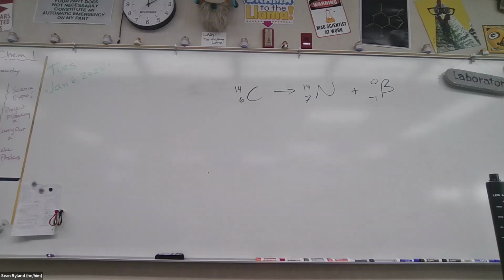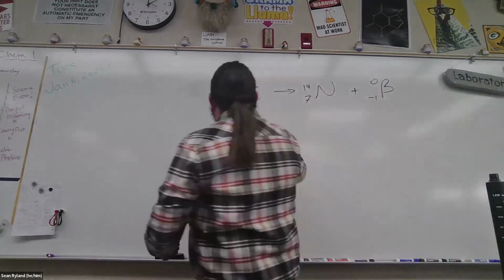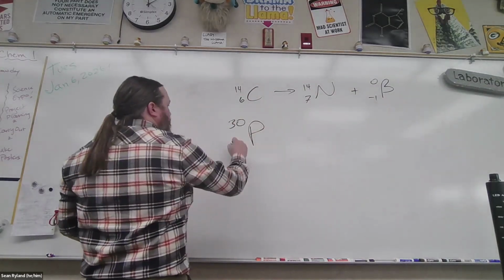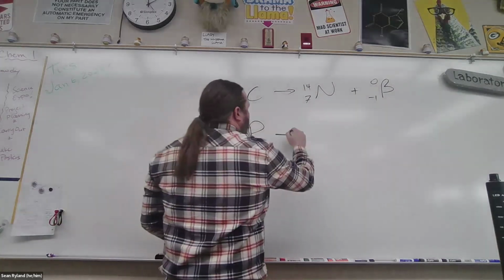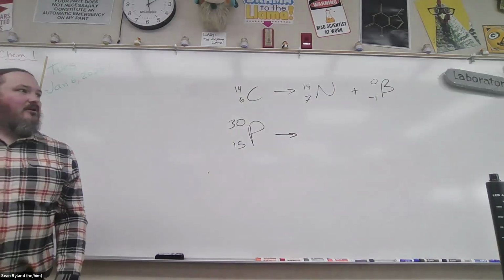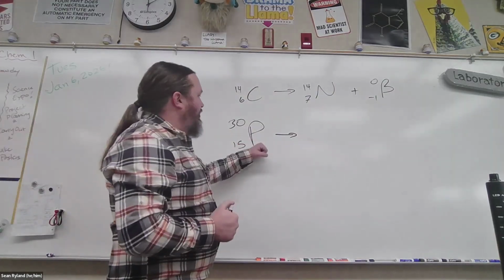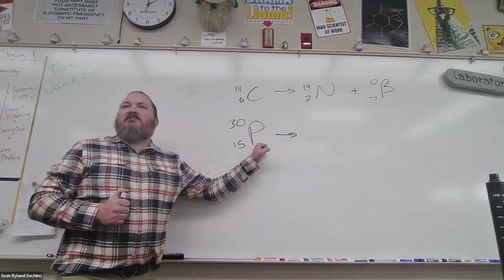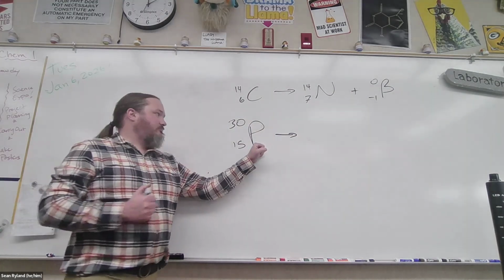So phosphorus. Phosphorus will do this. Phosphorus 15, or sorry, phosphorus 30. It'll go through a similar process where you get a charged particle with next to 0 mass flying out of the nucleus.